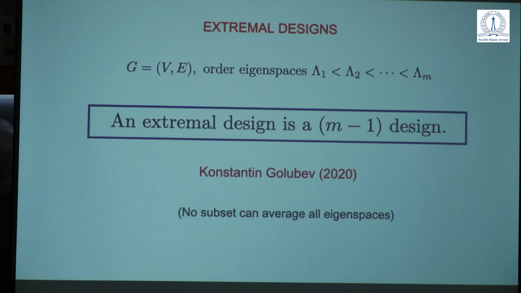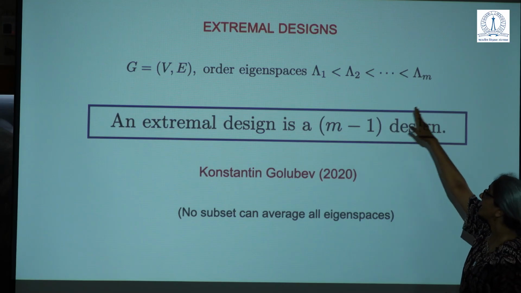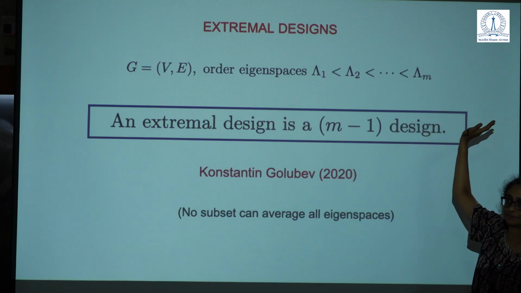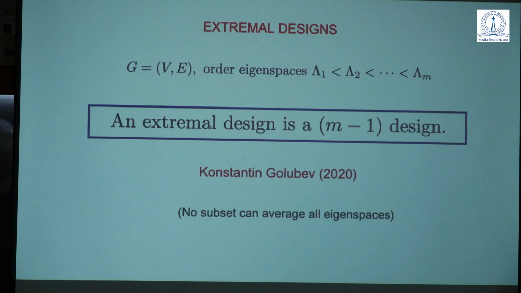And then we also have another notion of something called an extremal design. So extremal design is when you can average all the eigenspaces except the last one. It's called an M-1 design. So you can average everything except the last one, okay? So this is very closely related to something called the Erdős–Ko–Rado theorem that you may have heard of in combinatorics, okay?